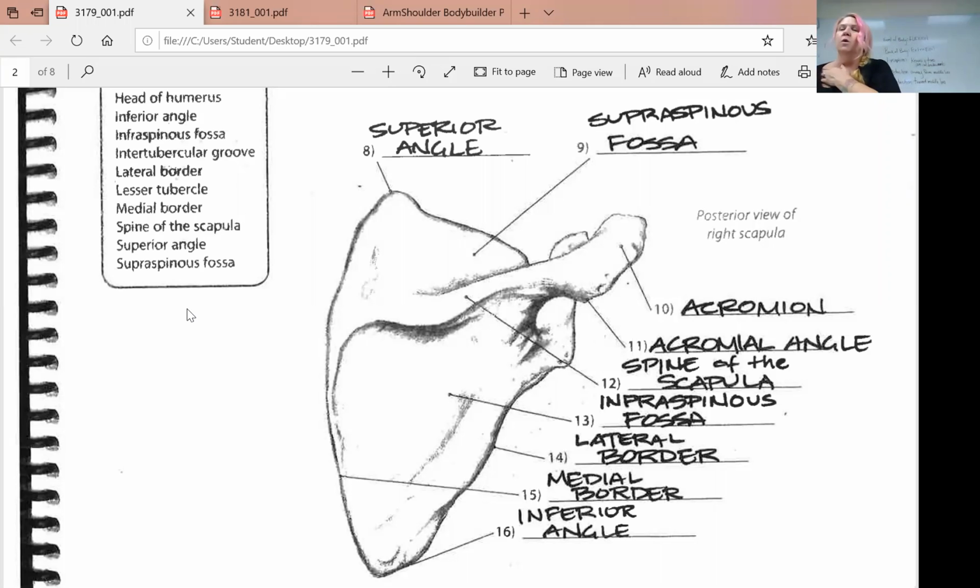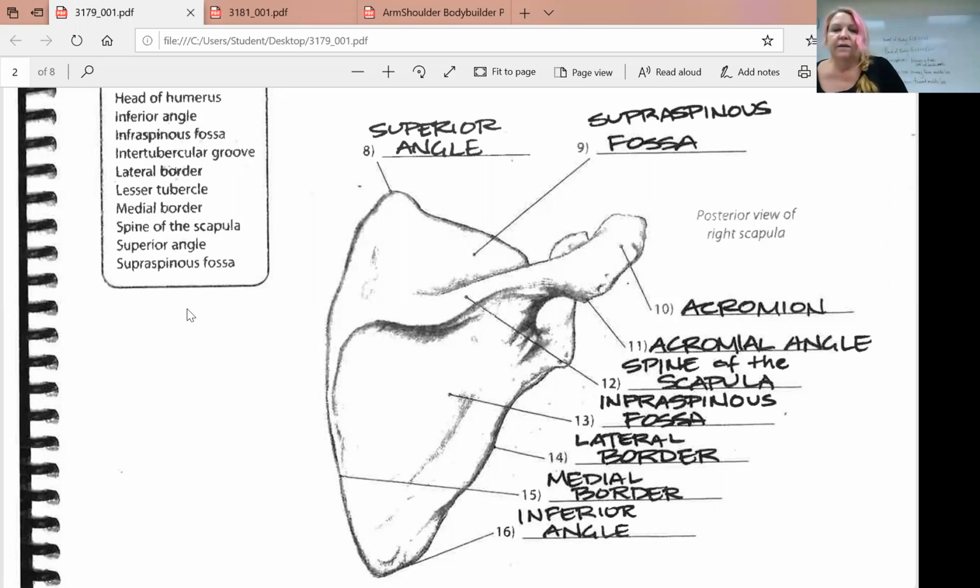And if you come just inferiorly to that, you can actually find that coracoid process, which can be very painful to press on as well. That's just down below, just medially and inferiorly to the acromion.